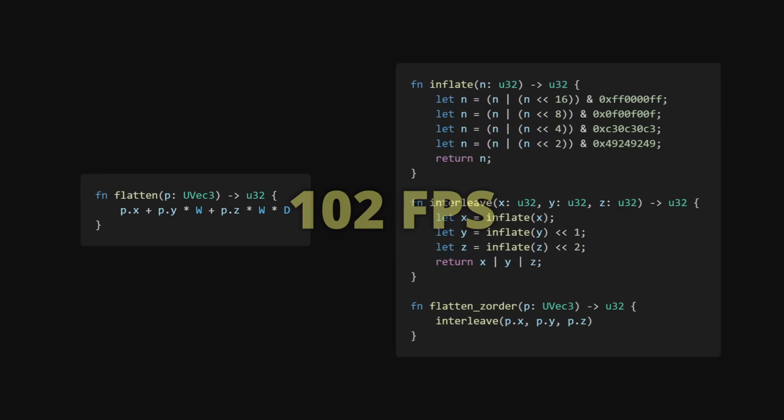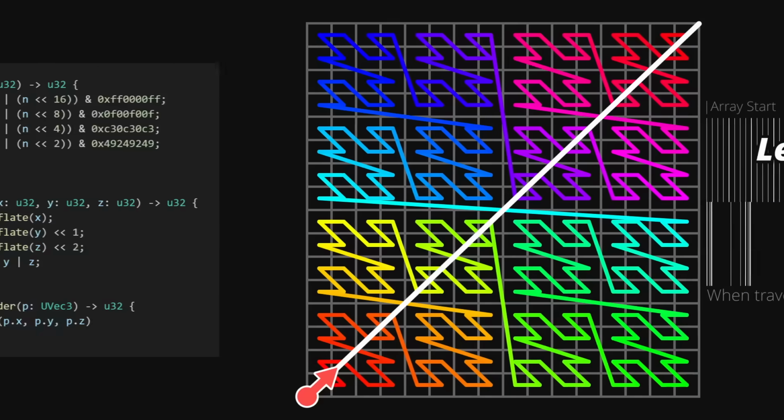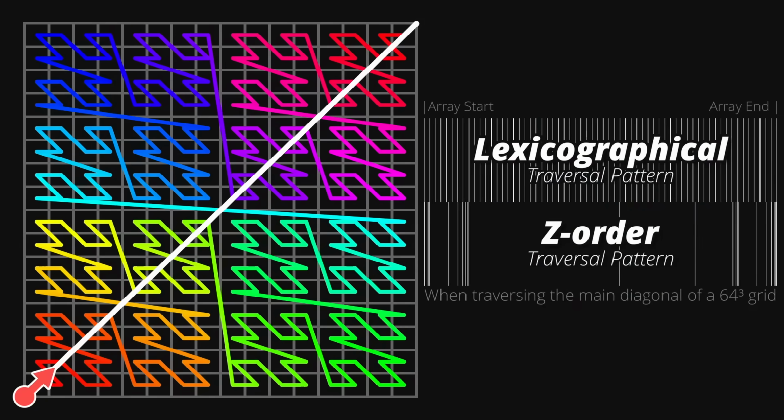You might be thinking, wait, we just made the flattening function way more complicated, and it got faster? Yeah. The reason why is that with a z-order curve, we place voxels that are nearby in space, nearby in memory. This has two main implications on the GPU.